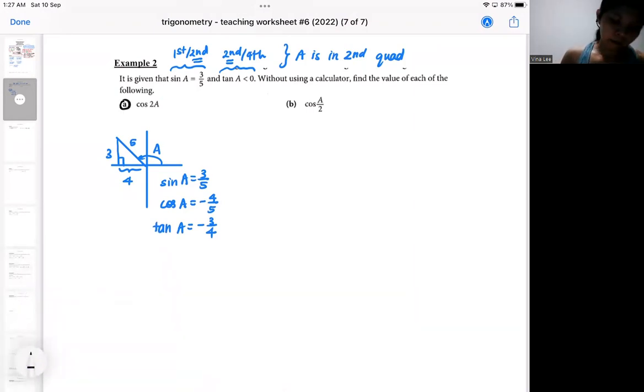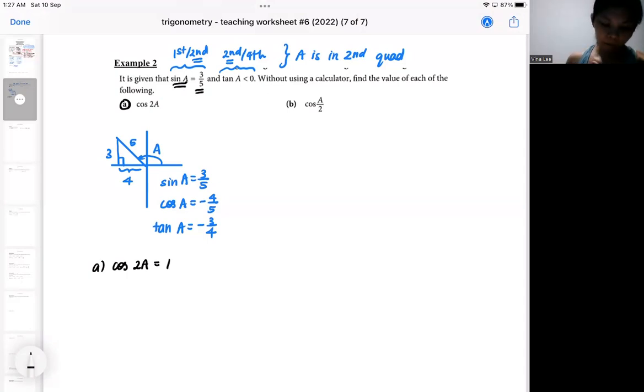For the first one, cosine 2A. Cosine 2A is the troublemaker. There are three formulas, so it doesn't matter which one you choose. Okay, so you've got everything already. For me, I will choose the one that uses the given ratio.